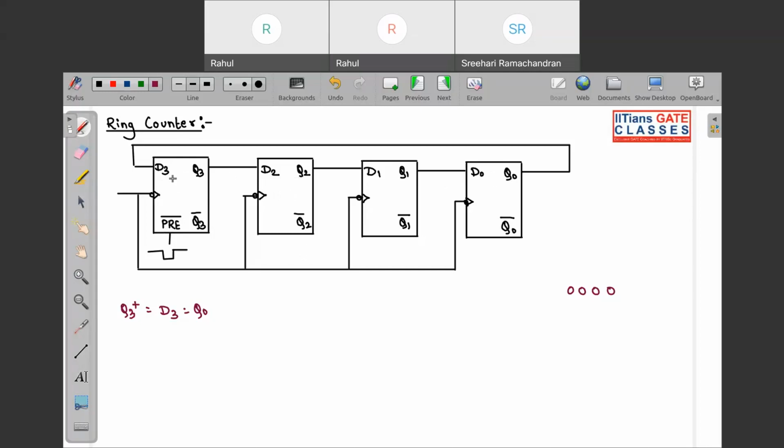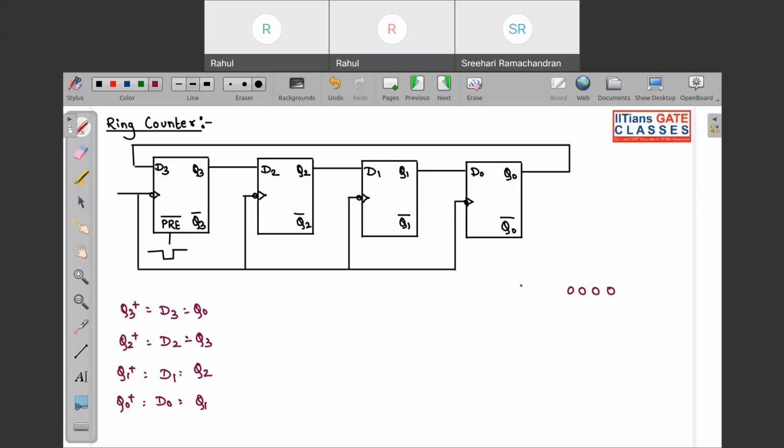If you see the next state equations of all the D flip-flops, this is constructed using D flip-flops. So Q3 plus is equal to D3, that is the next state equation, and D3 is equal to Q0. Similarly, Q2 plus is equal to D2, that is Q3. Q1 plus is equal to D1, that is equal to Q2. And Q0 plus is equal to D0, that is equal to Q1.